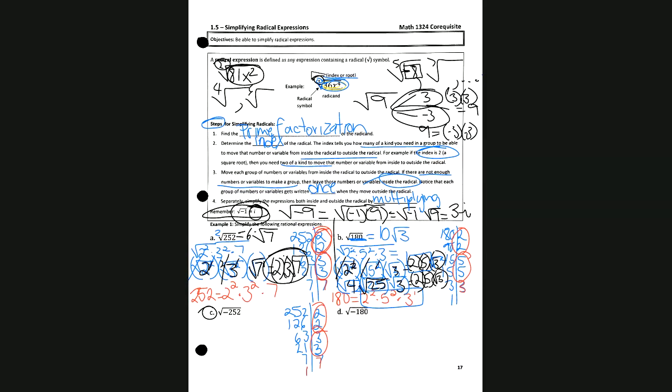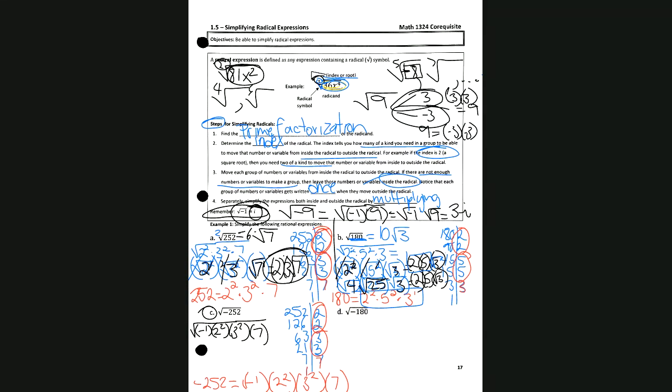In this case, we have negative 252. So when I factor that, it will be negative 1 times 2 squared times 3 squared times 7. So when I rewrite the expression, it will be the square root of negative 1 times 2 squared times 3 squared and times 7.